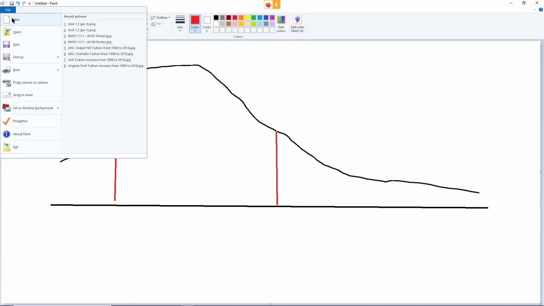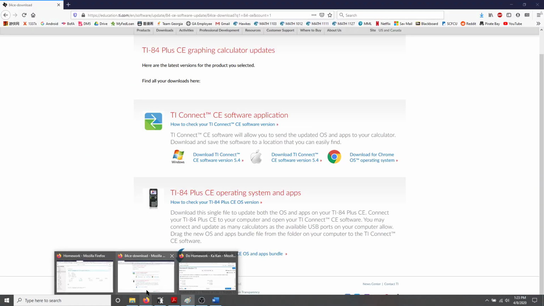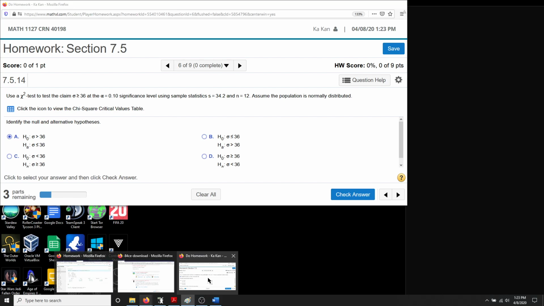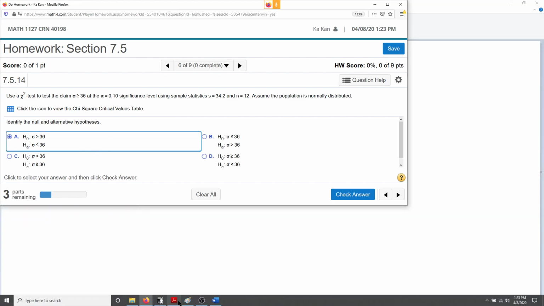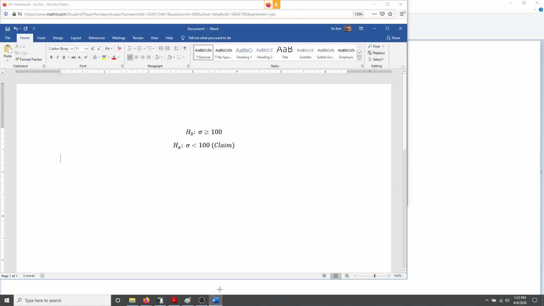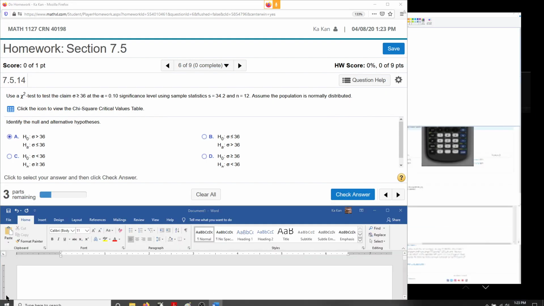Now, let me just do a problem so we know what's up. So here's the first problem. This is problem number 6. I don't have to clear this out, I'm just going to use this.